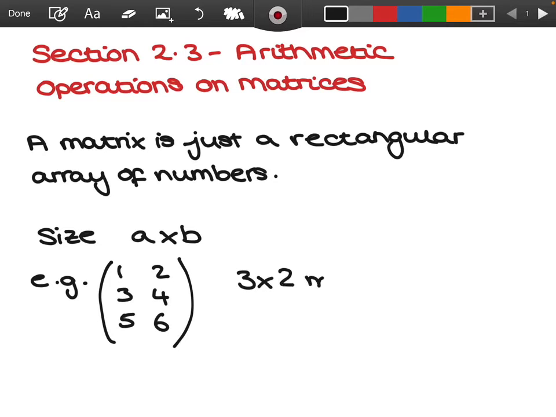This matrix has 3 rows and 2 columns, so we call it a 3 by 2 matrix, and that's how we write it. If you had 2 rows and 3 columns, it would be a 2 by 3 matrix, so it's always the number of rows by the number of columns, so the rows always go first. So whenever you see that notation, that's what it means.